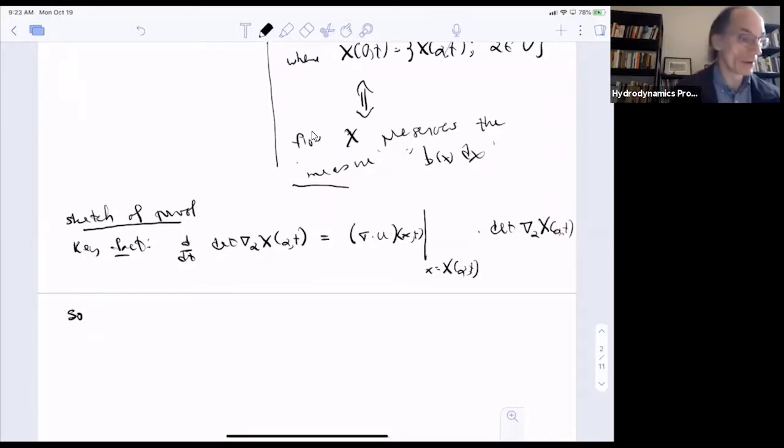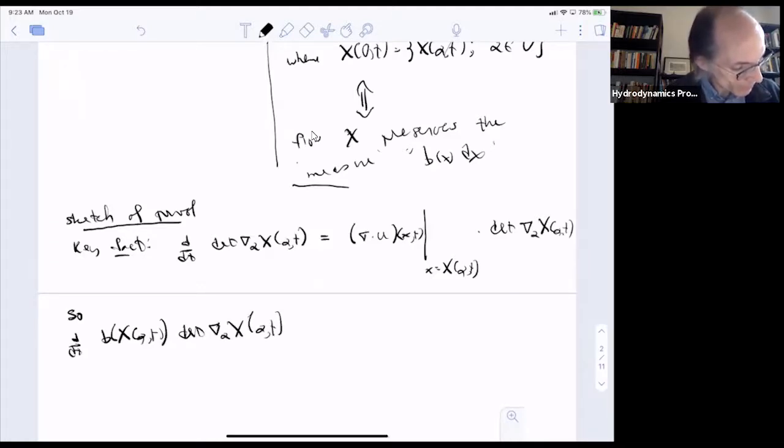So using this, we find that if I differentiate this, these should be partial derivatives, sorry, and then include the weight b, I will have the gradient of b with respect to x times the derivative of x with respect to t, which is exactly u.